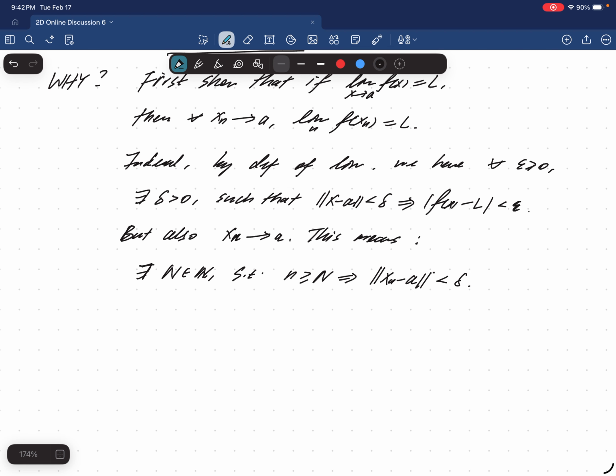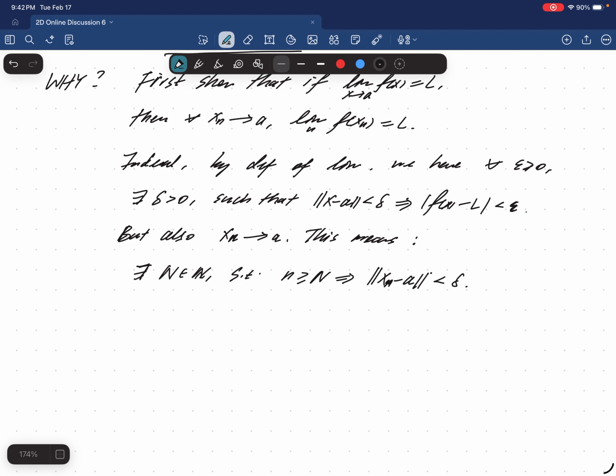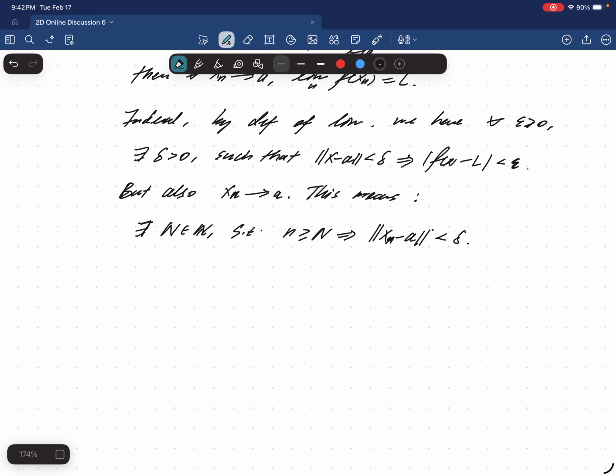This is just by definition of a sequence converging to A. So if my small n is larger than big N, I have xn is close to A within delta. But then this condition in turn implies that f(x) is close to L within epsilon.